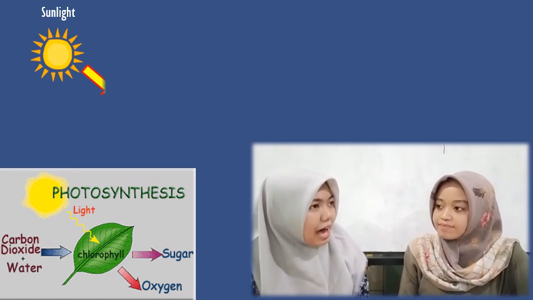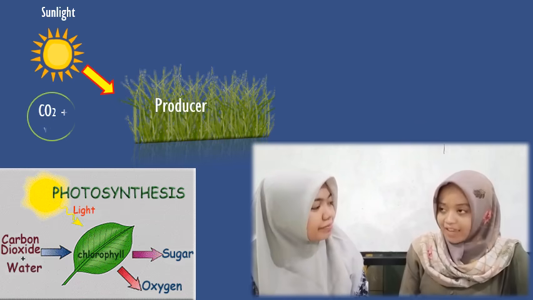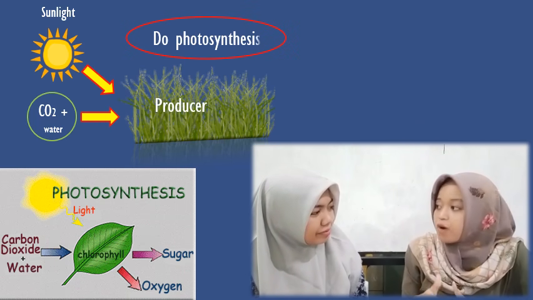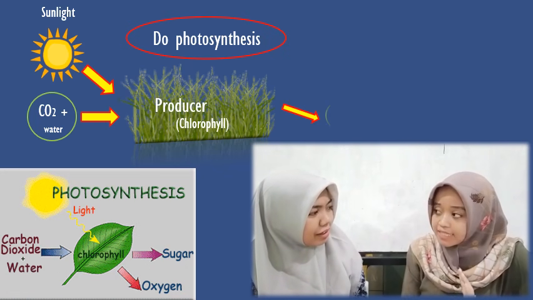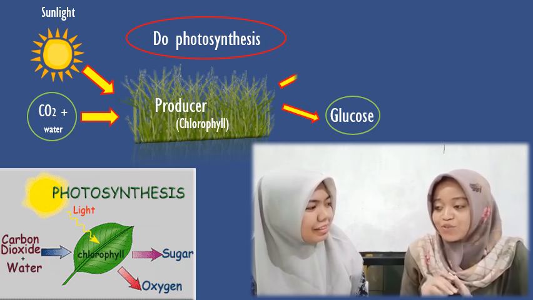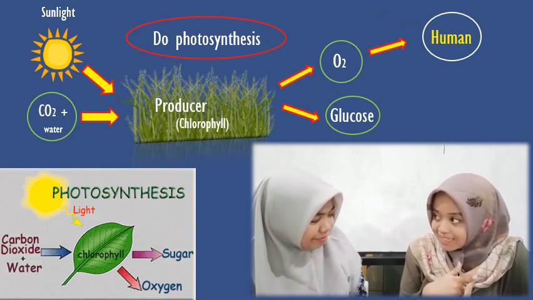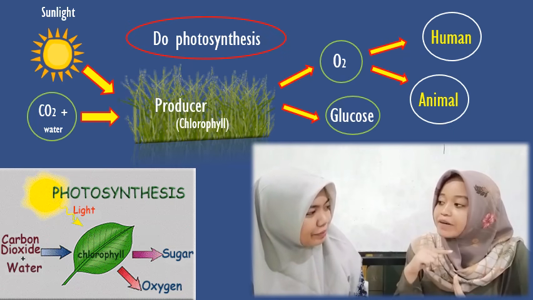Do you know how plants can make their own food? The plants can make their own food through the photosynthesis process. Do you know about the photosynthesis process? No? Okay, I will explain to you. The photosynthesis process needs sunlight and carbon dioxide.